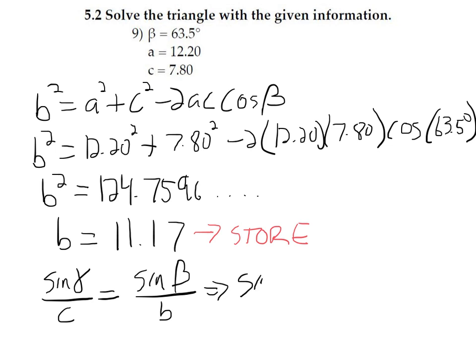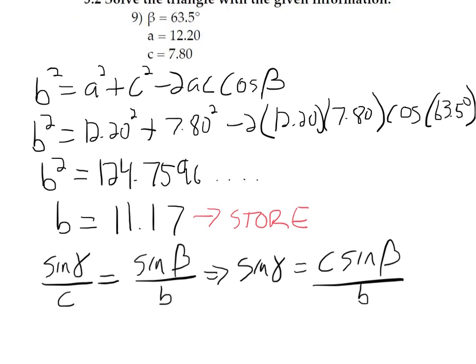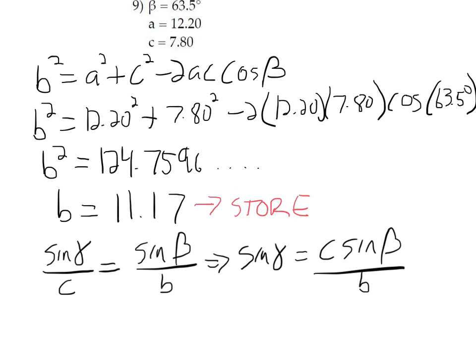This gives me sine gamma equals C sine beta over b, and plugging in our information we get sine gamma equals 0.62495.